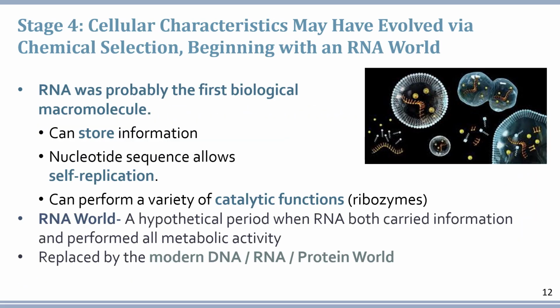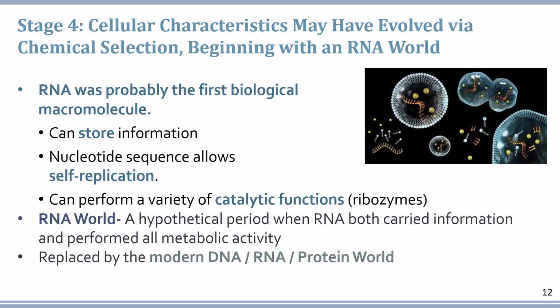Stage 4 is having a coding molecule. So just like the process of natural selection in the mechanism of evolution, molecules can undergo something called chemical selection. And basically, the idea of chemical selection is this protobiont may have had some molecules that were starting to do metabolic type reactions, like forming enzymes to be catalysts and forming nucleic acids that could contain information.